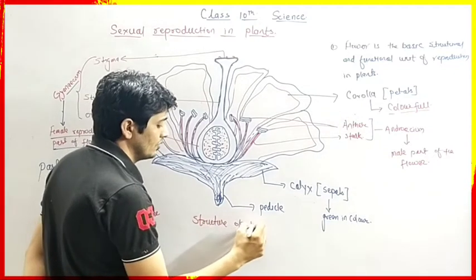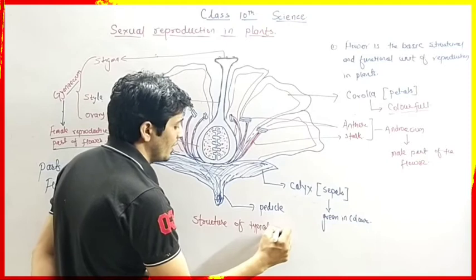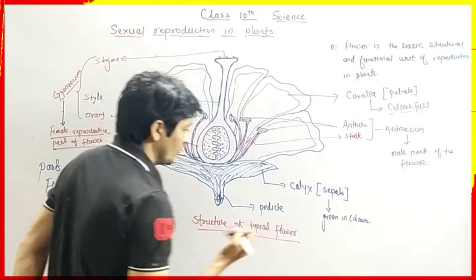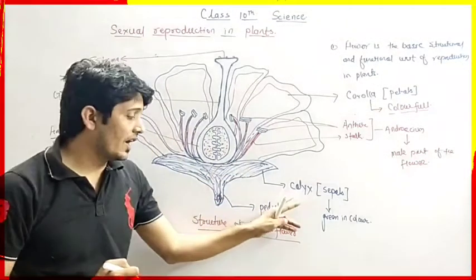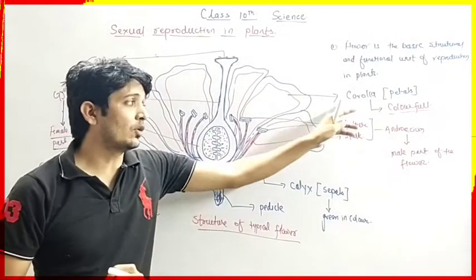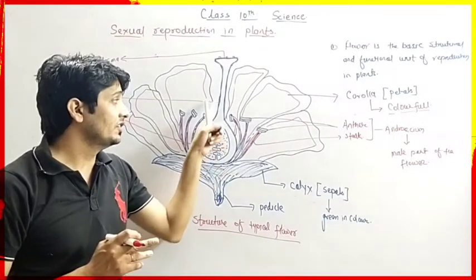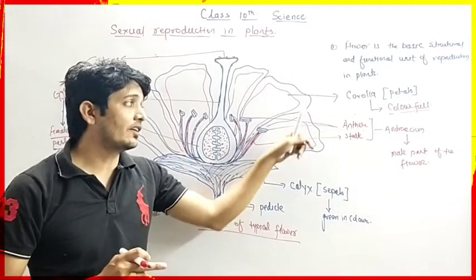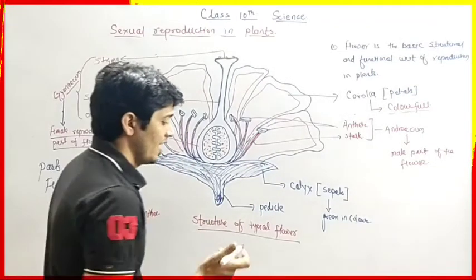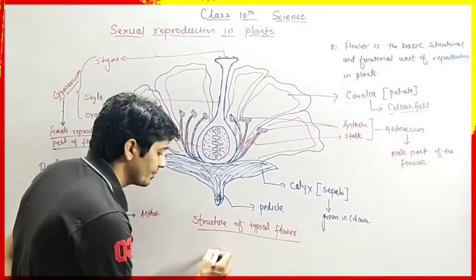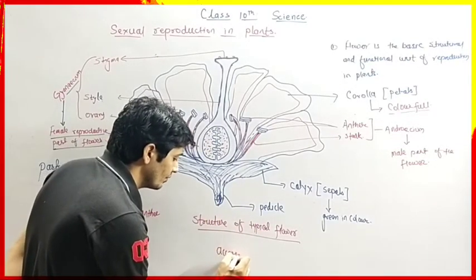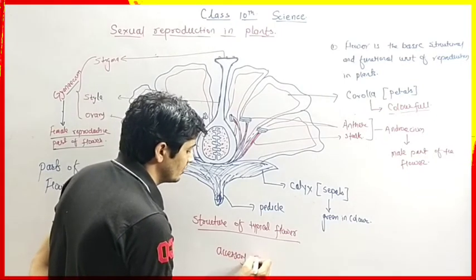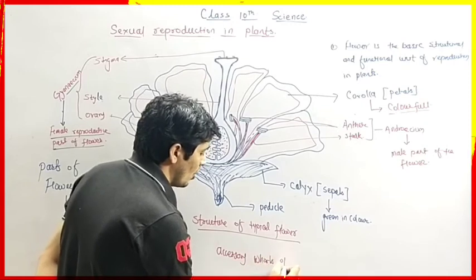See here, calyx and corolla support the androecium and gynoecium. That's why calyx and corolla are called accessory parts or whorls of the flower.